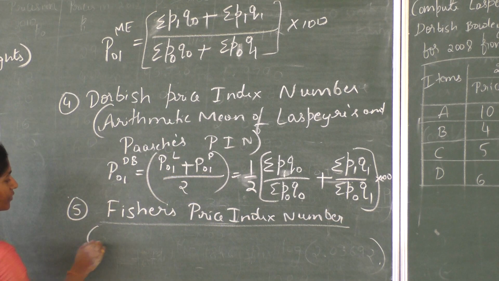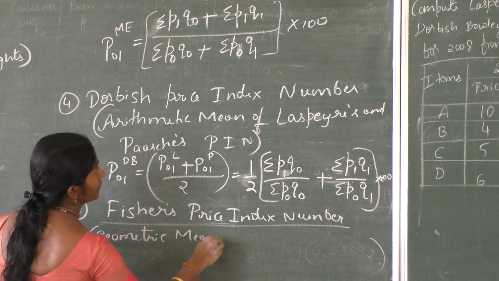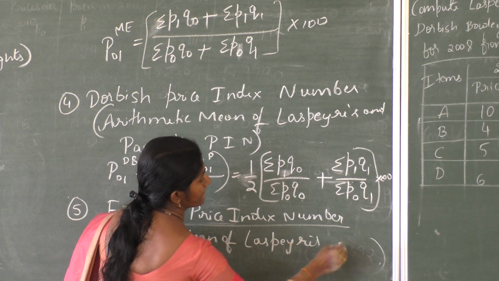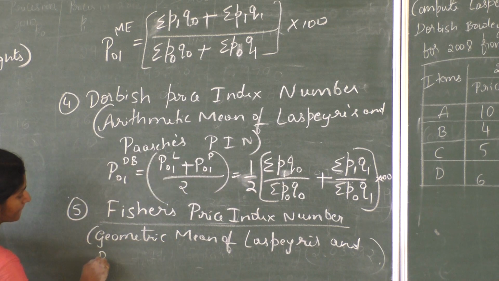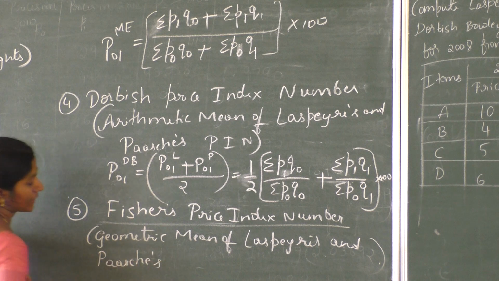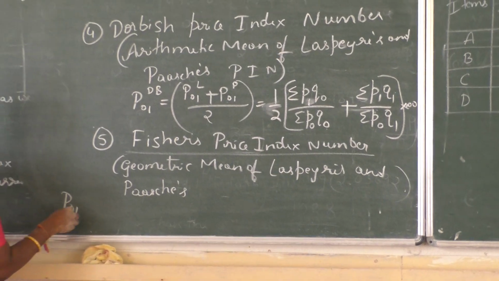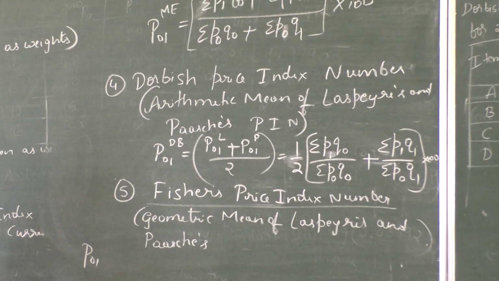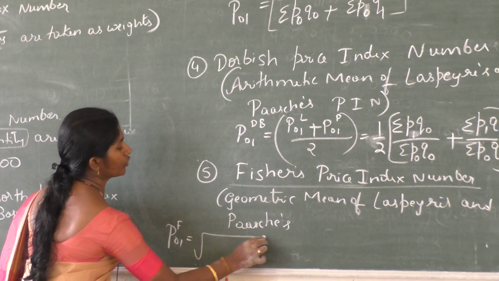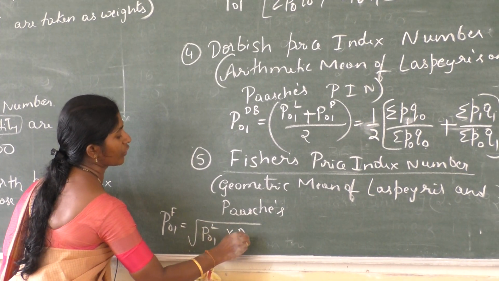This is the geometric mean of the Laspeyres and Paasche price index numbers. The geometric mean formula is the square root of A into B. Here P01 of Fisher's equals the square root of P01 of Laspeyres into P01 of Paasche.